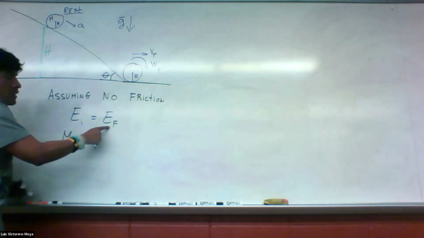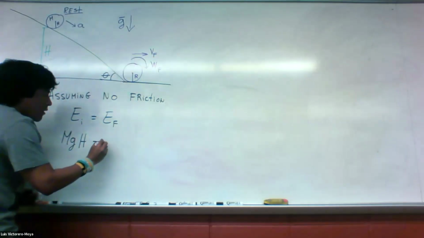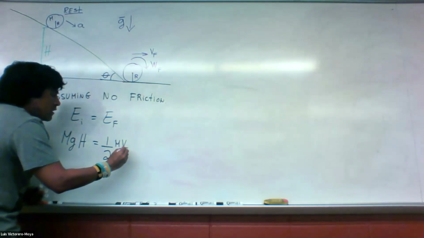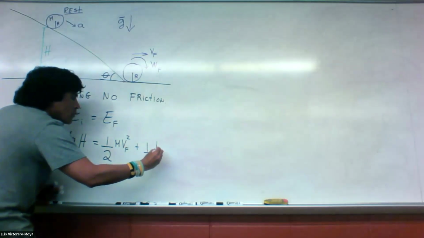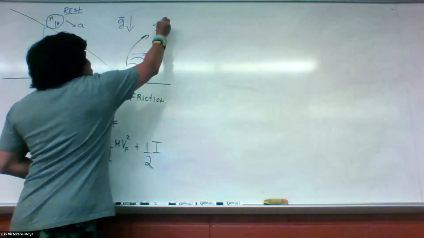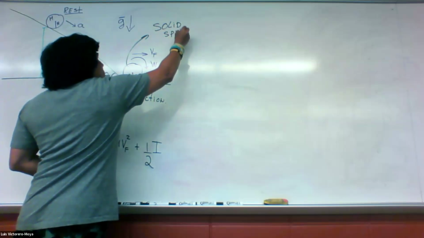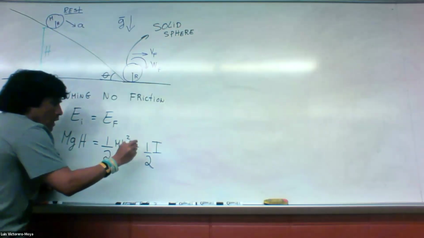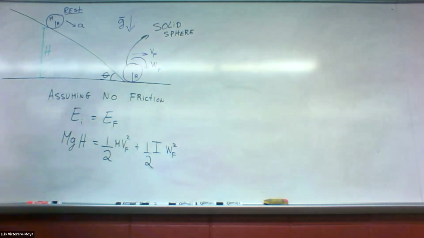At the bottom, that's the final energy: translational and rotational, what I wrote over there. 1/2 m v final squared plus 1/2 moment of inertia of the sphere. This is a solid sphere. Omega final squared.